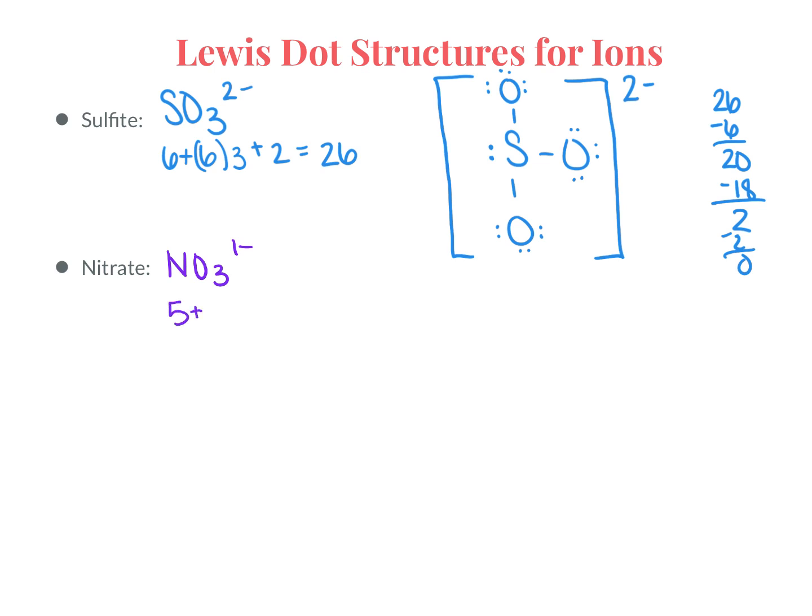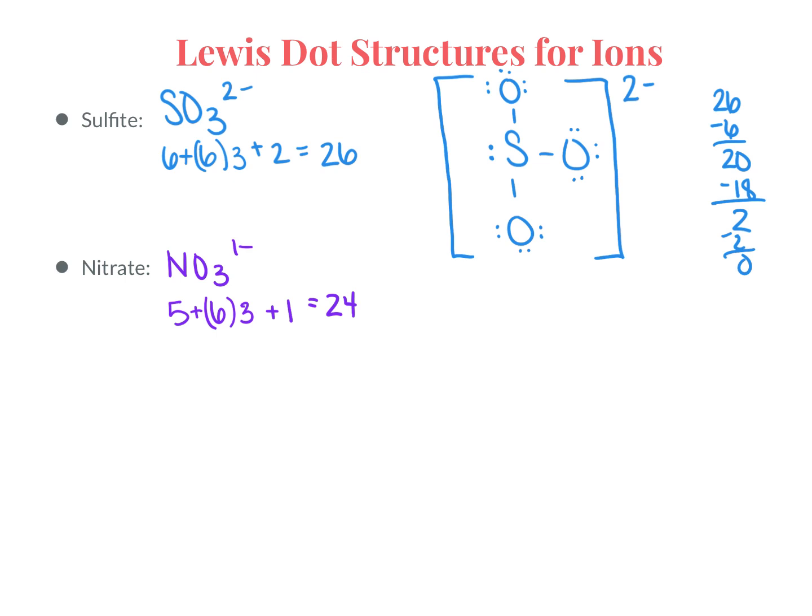How many for oxygen? 6, and how many are there? 3. So I'm going to multiply that one by 3. What does that -1 charge mean? You need 1 extra electron because it has a -1 charge. So how many total electrons? 24.